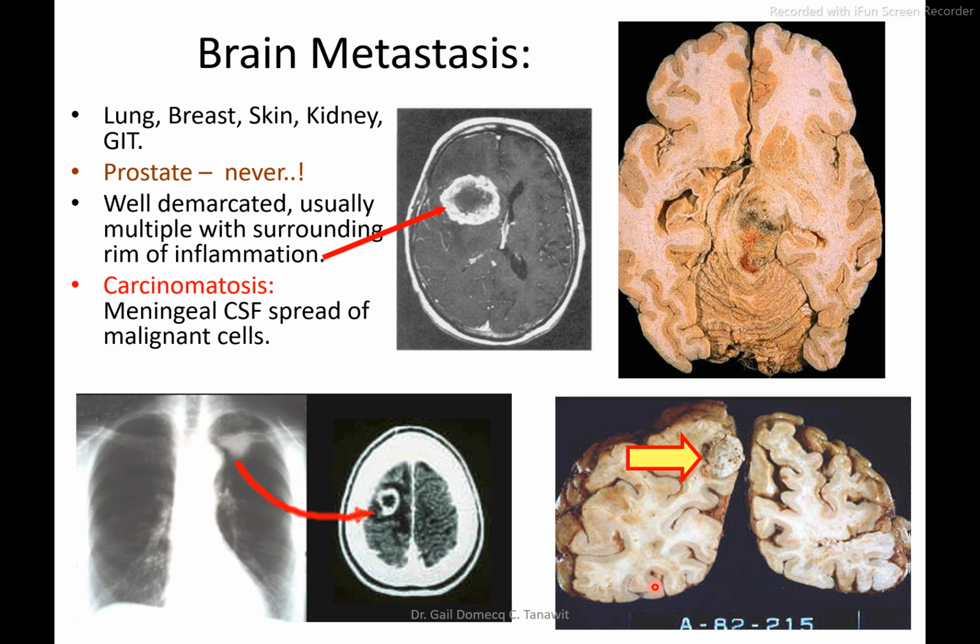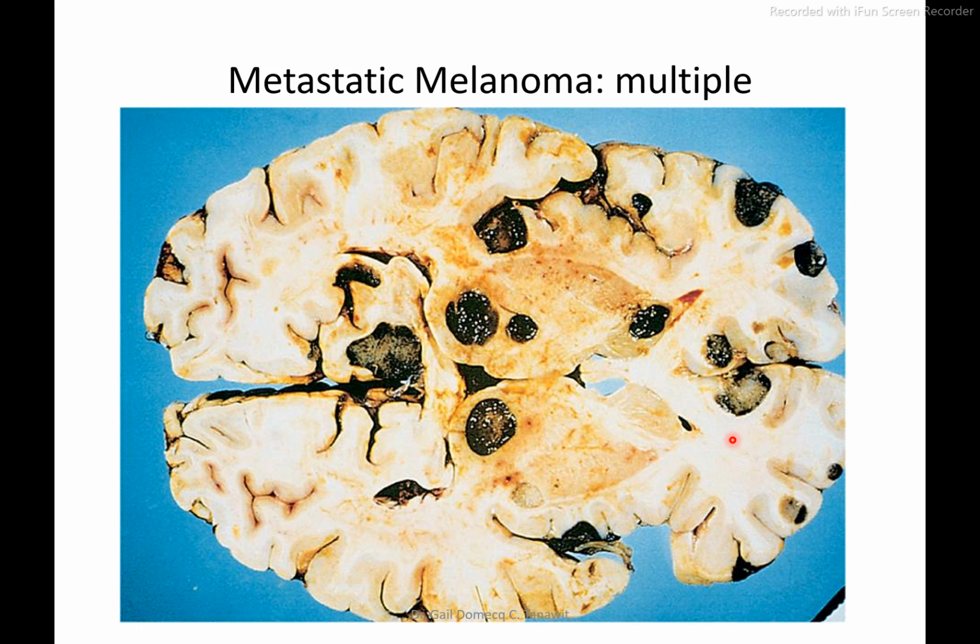Sometimes there would be carcinomatosis wherein there would be a meningeal CSF spread of the malignant cells. So there are your metastatic tumors. This one is really a clear-cut metastatic tumor, particularly malignant melanoma. These are melanin-containing carcinoma cells, multifocal.